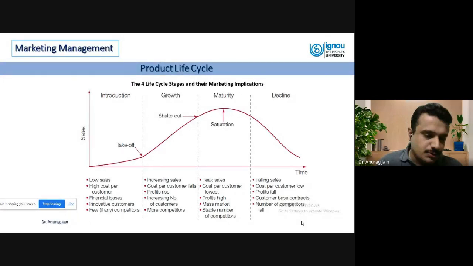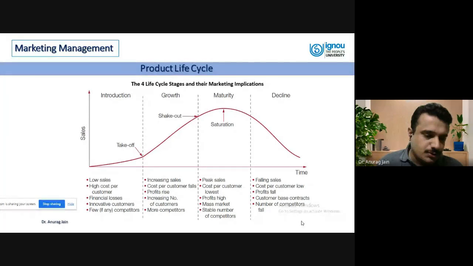There is a certain life which each and every activity or living being has, which is time bound.